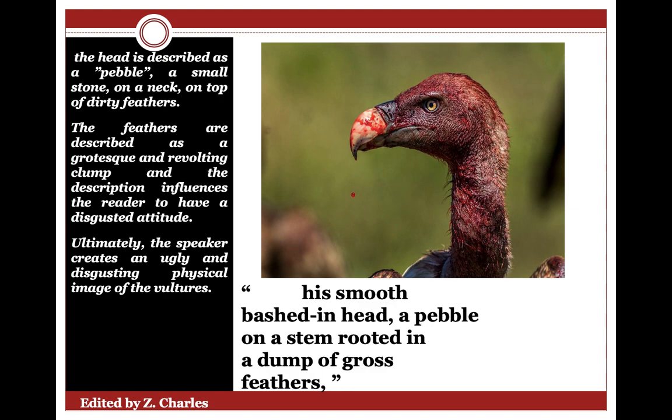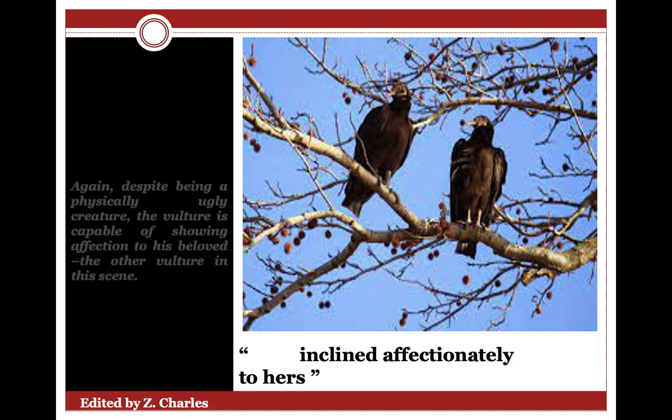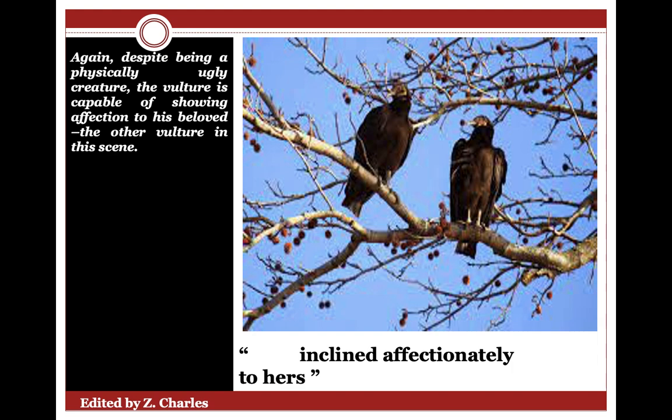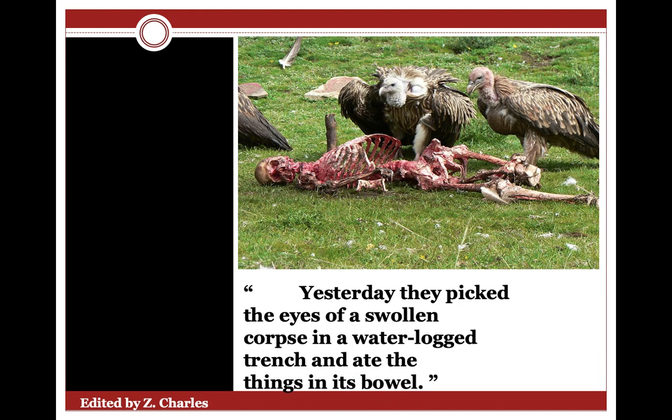Ultimately, the speaker creates an ugly and disgusting physical image of the vultures. Okay, but they are inclined affectionately to hers. Again, despite being a physically ugly creature, the vulture is capable of showing affection to his beloved, the other vulture in the scene. Okay?